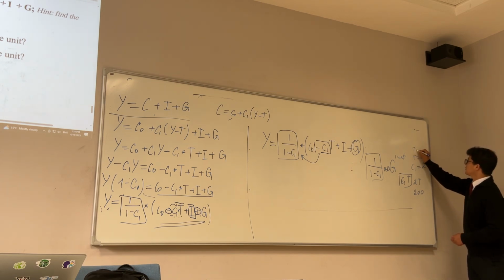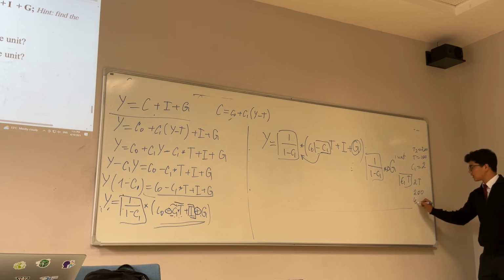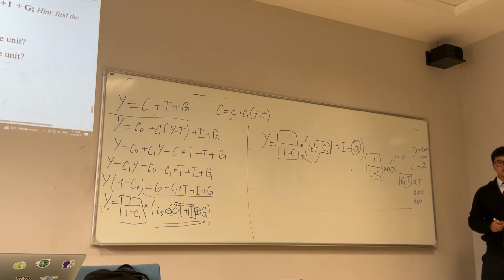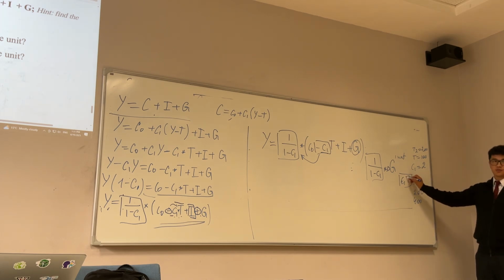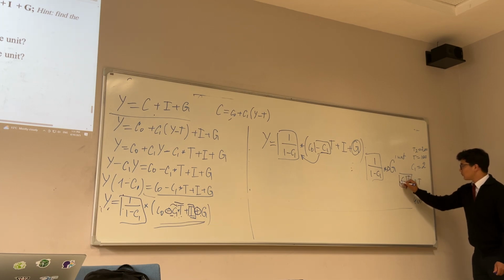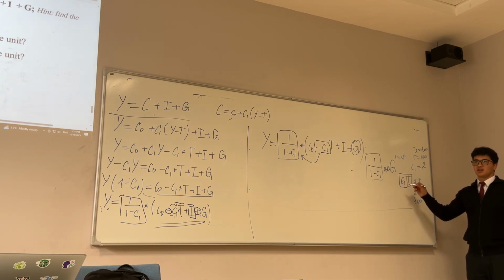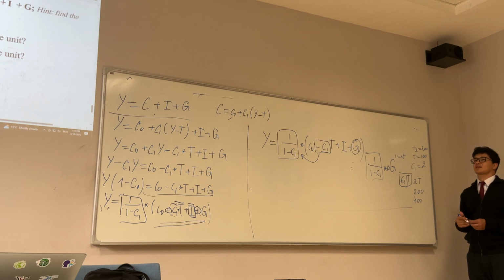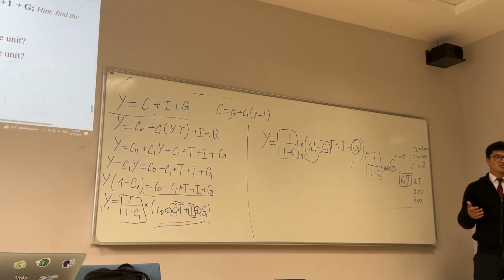Now our T is equal to 200. So the total will be how much? 400, right? The slope multiplied by this one, 400. Now imagine if you just take T without slope, there will be 100 and 200 and no change. That's why when T increases this much, our slope matters, right? Yeah.